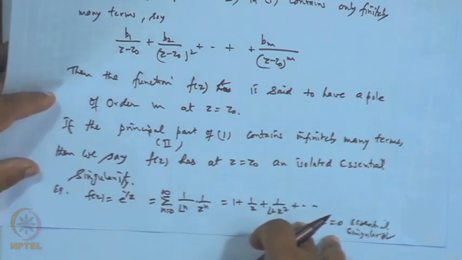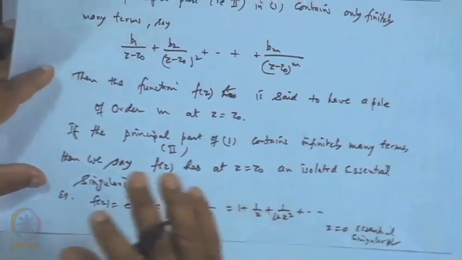The answer is not satisfactory. Why? The behavior of the function in the neighborhood of the pole and in the neighborhood of the essential singularity is different. In case of the pole, the modulus of f(z) will always go to infinity when z approaches the pole z_0. But in case of the essential singularity, when z approaches z_0, the value of f(z) will not approach a single limit, it will approach different limits.